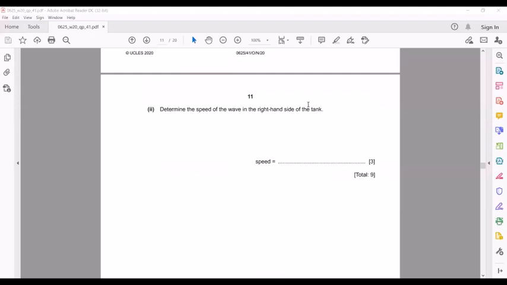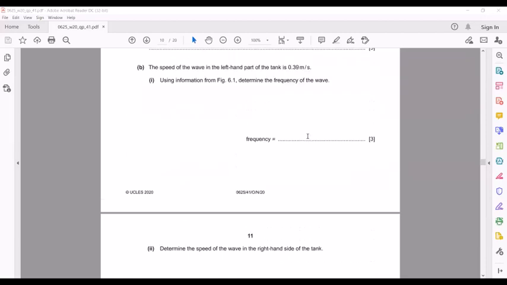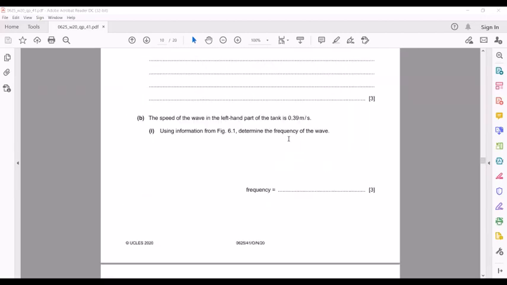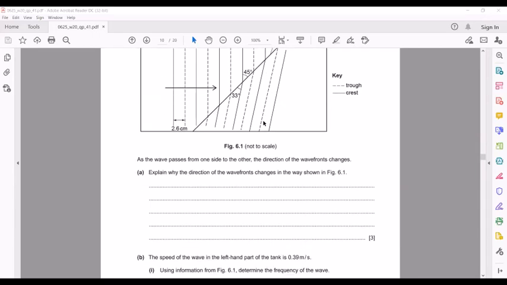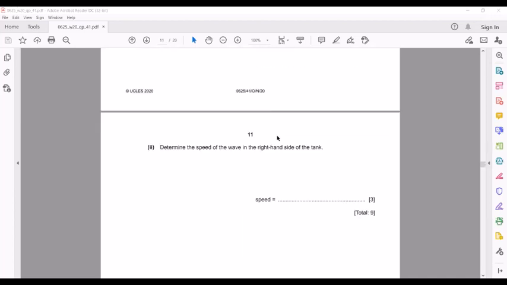Determine the speed of the wave in the right hand side tank. So we know the frequency does not change. As the frequency is not changing, the frequency on the left hand side will be equal to the frequency on the right hand side. If I try to use this formula, since the frequency does not change, v1 over lambda 1 is equal to v2 over lambda 2.